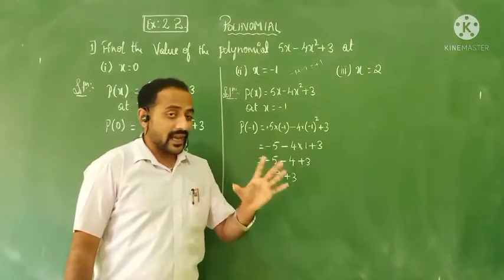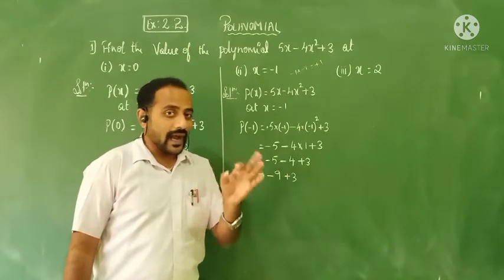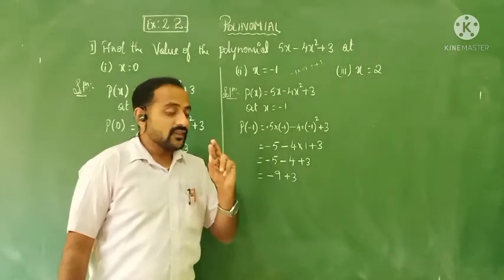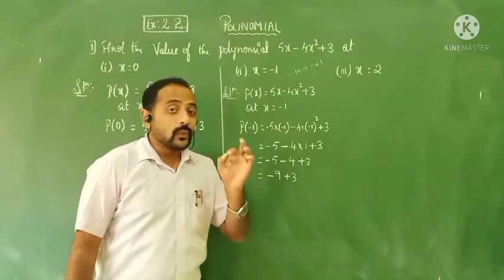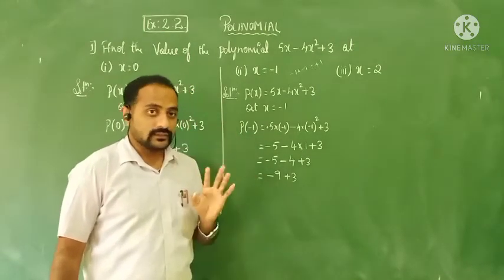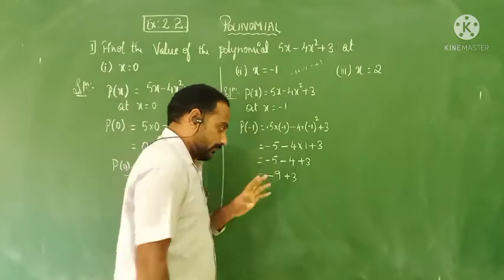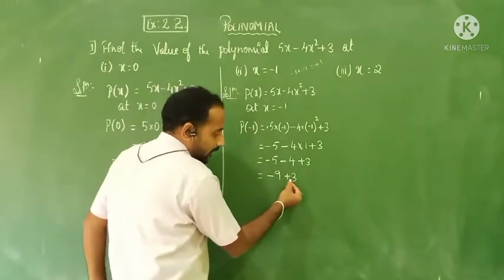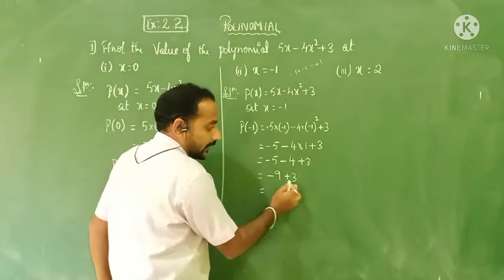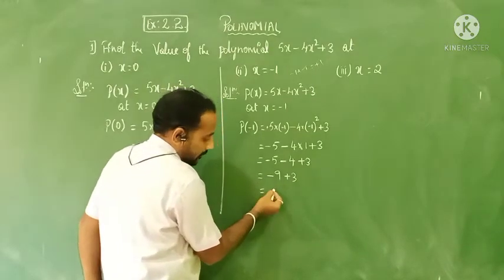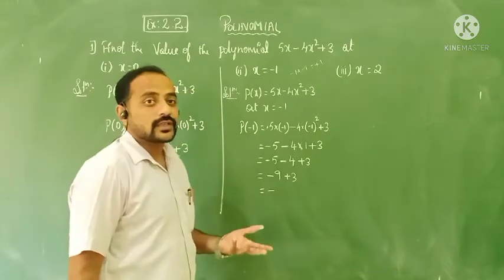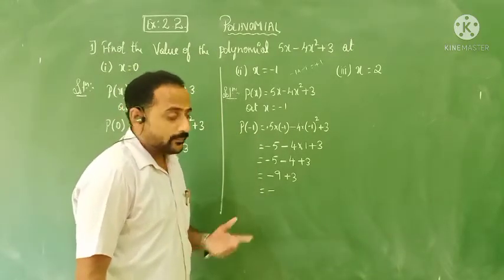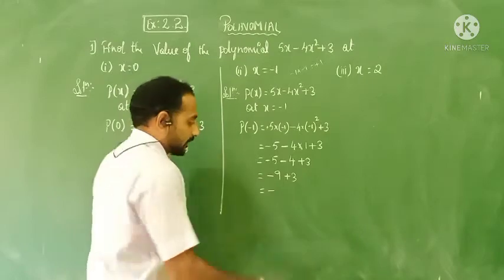If we get the same sign, we must add with the same sign. If we get alternate signs, we must subtract with the greater number's sign. So minus 9 plus 3. Here the greater number is 9. What is the sign? Minus. Put the minus first. Next, 9 minus 3 is how much? As I said, we should subtract. 9 minus 3 is 6.